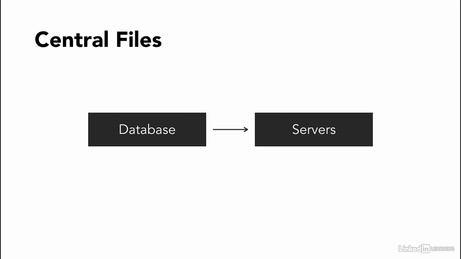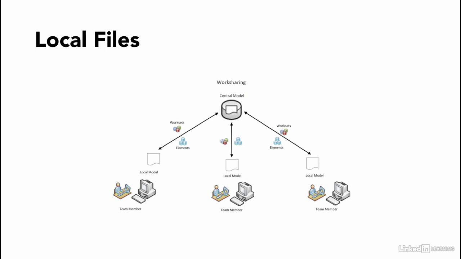And what will happen is the individual members of the team will access that central file from that location, but what they'll actually be doing is creating a local copy of that central model that's tied to their individual username. And it will look something like this. There'll be an individual central model on the server and then several different local copies associated with each user.